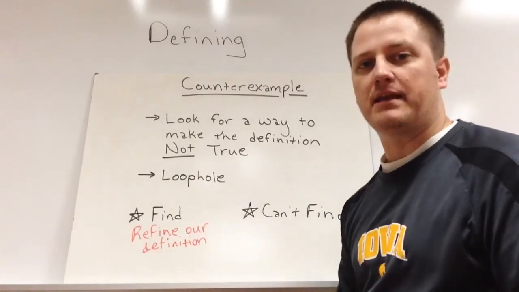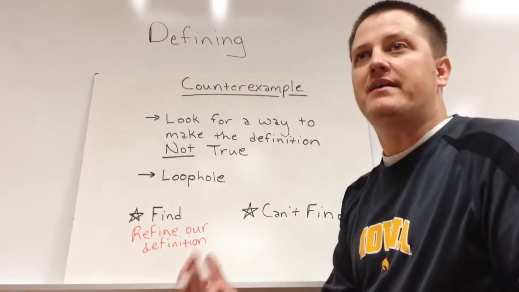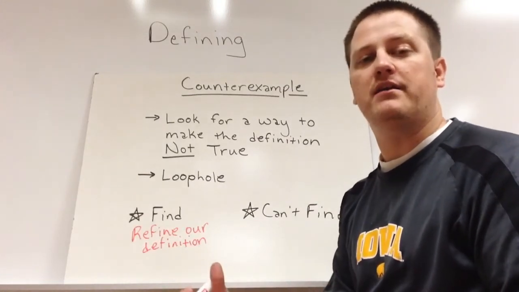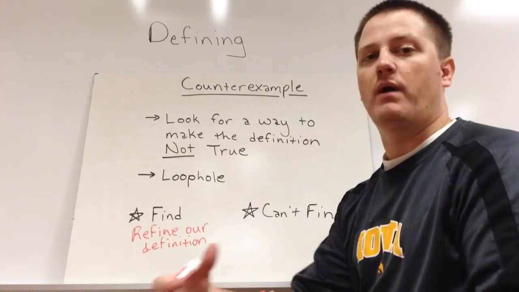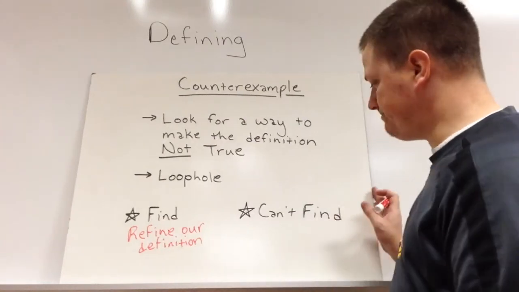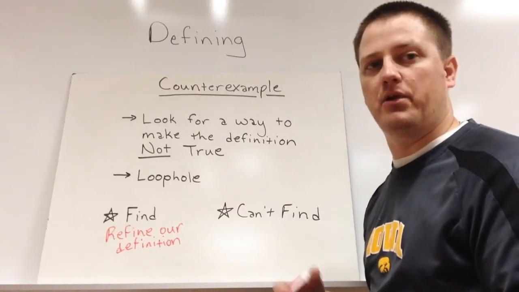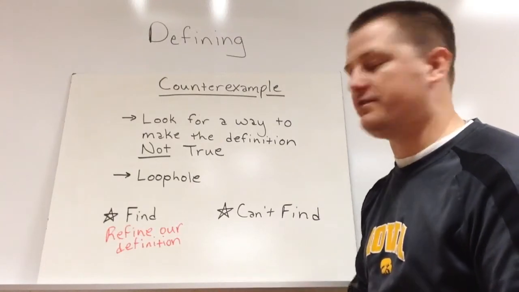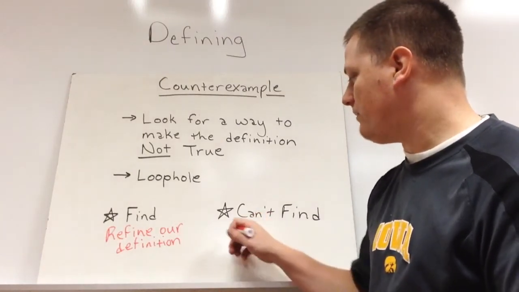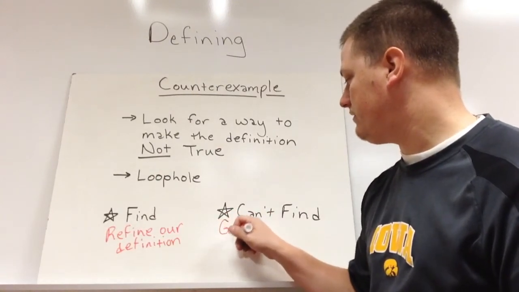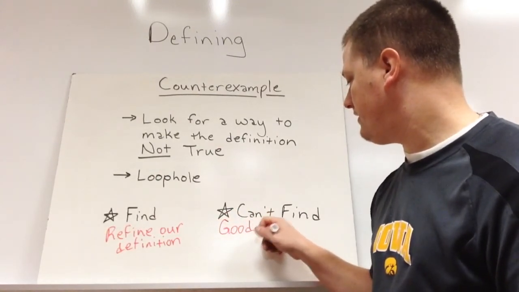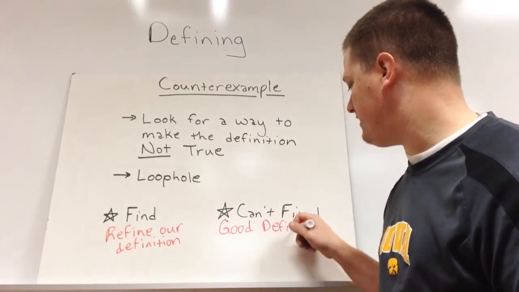What refine means is we need to redefine it in a way that we don't have that loophole anymore. Once we can't find a counterexample or an example that causes it to not be true, then what we have is a good definition.